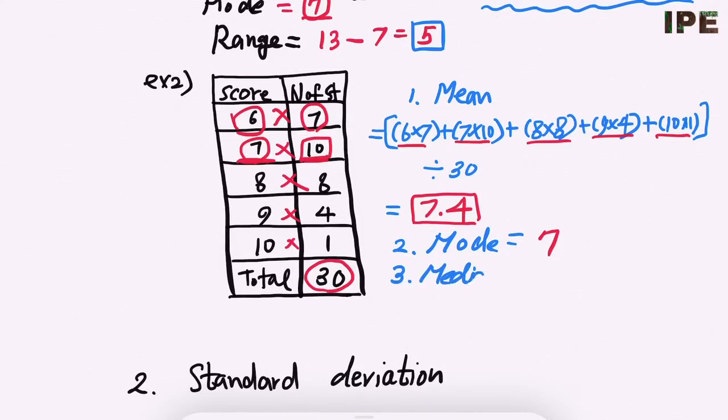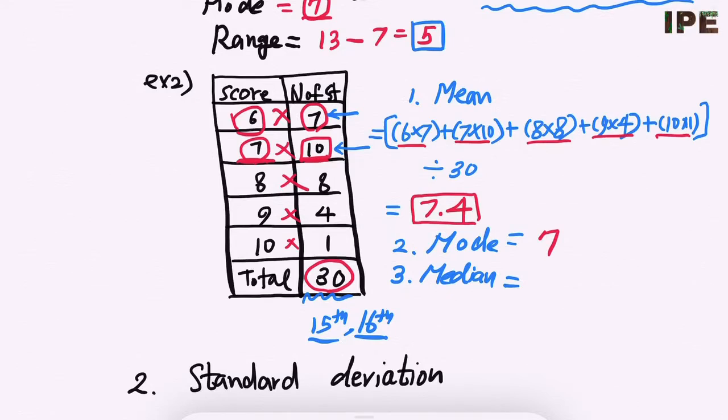Number 3, how can you find the median? I told you median is the number in the middle, and if an even number of data is given, there are 2 middle numbers. So the total number of students is 30 in this table. That means the 15th and 16th numbers should be in the middle. So where are the 15th and 16th numbers? Just keep adding frequencies, okay? The first 7 students got 6, and then 10 students have a score of 7.